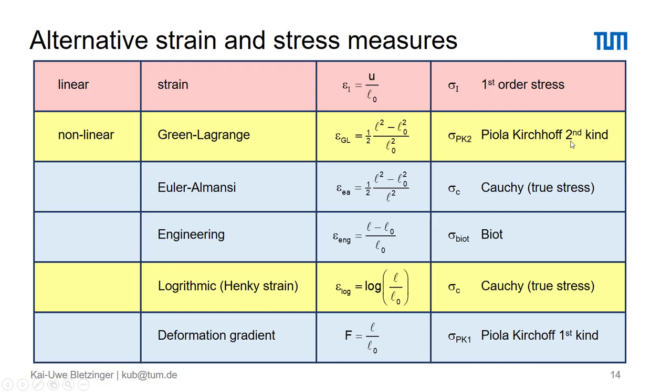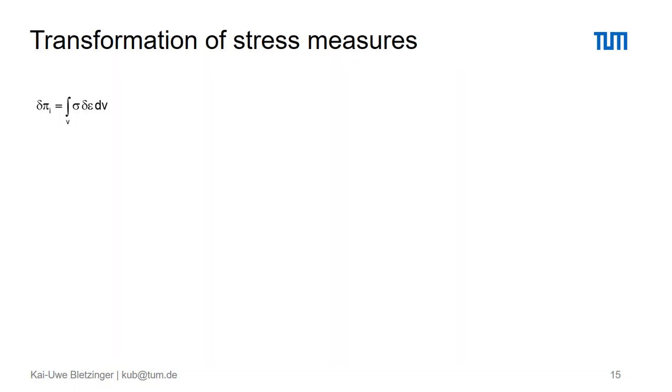It's quite obvious if you start with the second kind that there must also be a first kind. Here it is. These are the pairs of strains and stresses which all can be taken for the completely nonlinear geometric analysis. And as there are different stress measures, there must also be a rule to transform one stress measure into the other one.